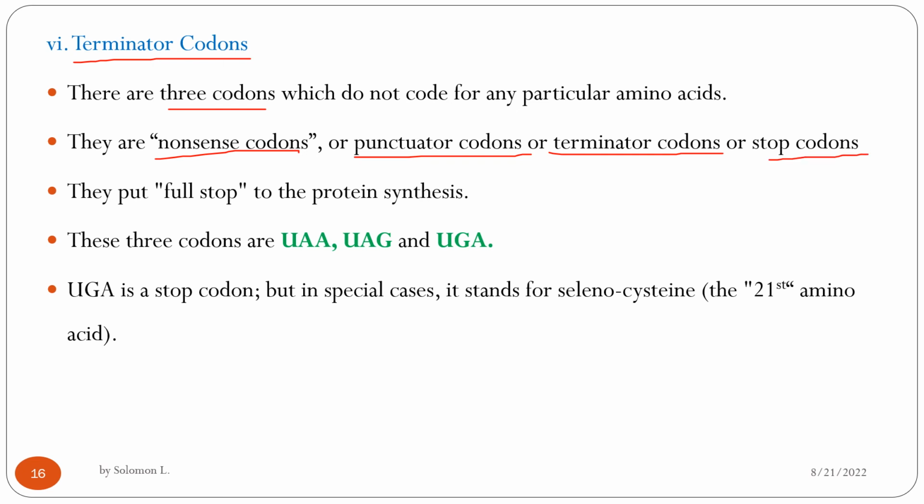They put a full stop to protein synthesis. These stop codons are uracil, adenine, adenine; uracil, adenine, guanine; and uracil, guanine, adenine. Uracil, guanine, adenine is a stop codon, but in a special case it codes for selenocysteine, which is the 21st amino acid.